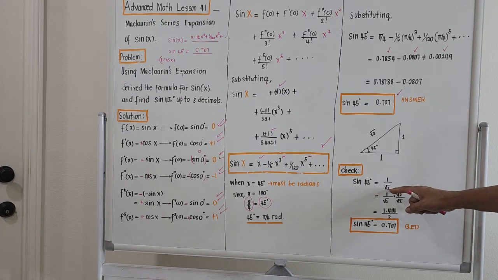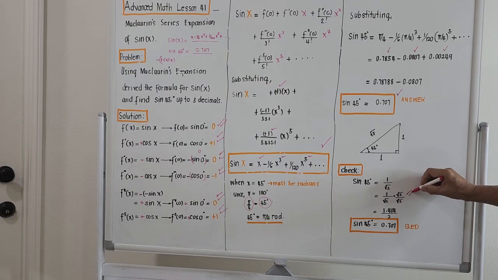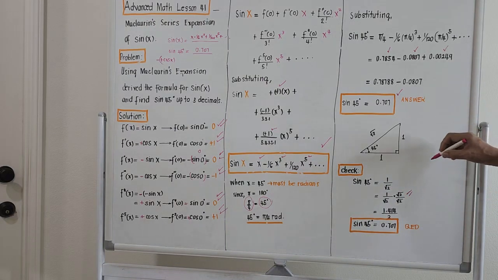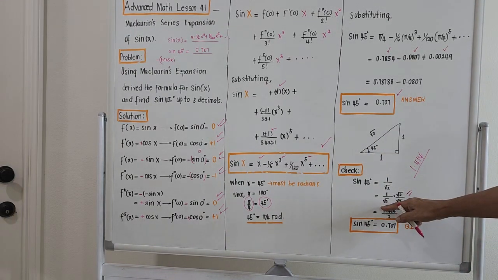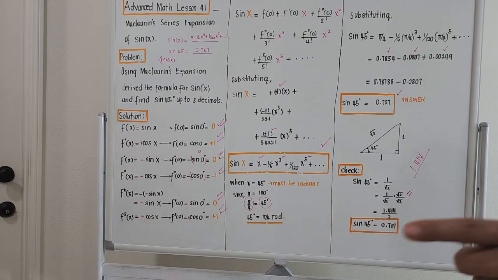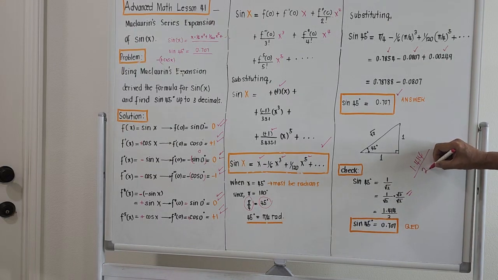And 1 over square root of 2, by simplifying this, by using our knowledge of radicals, we multiply this by square root of 2 over square root of 2. What comes out will be 1 times the square root of 2, which is square root of 2. And the square root of 2 is 1.414. And the square root of 2 times the square root of 2 is just 2. So this is divided by 2.